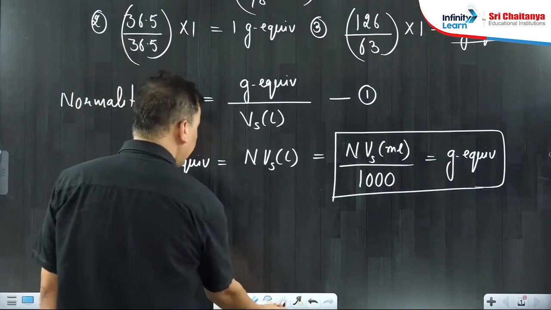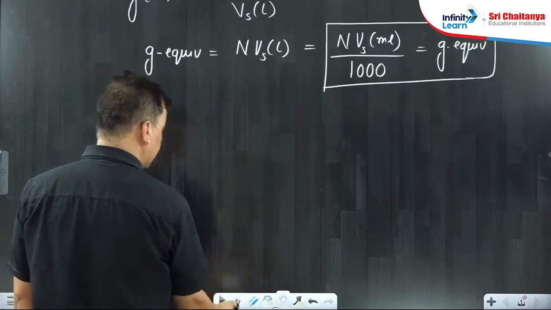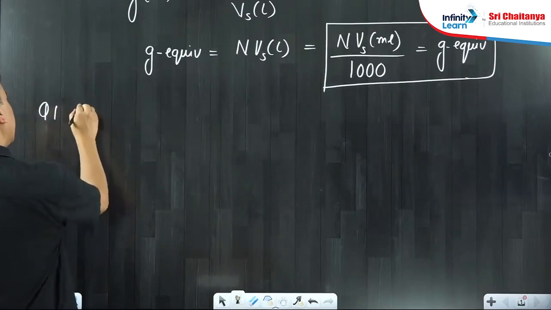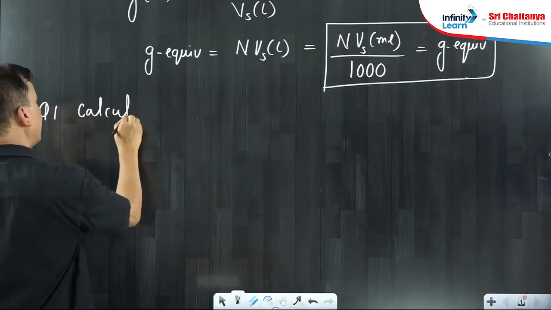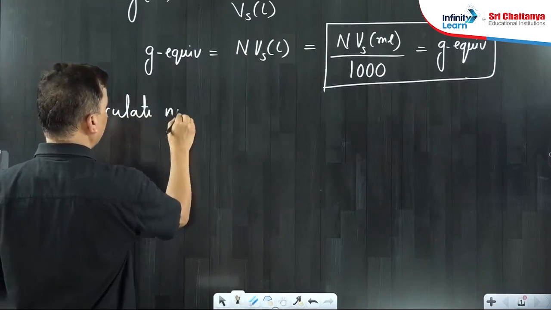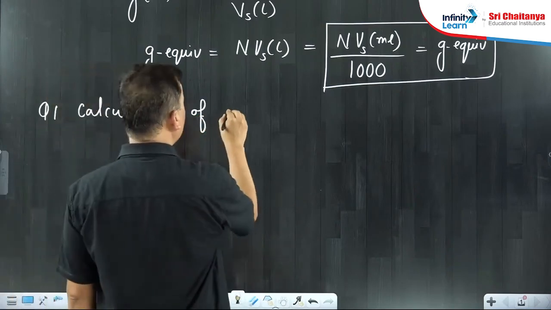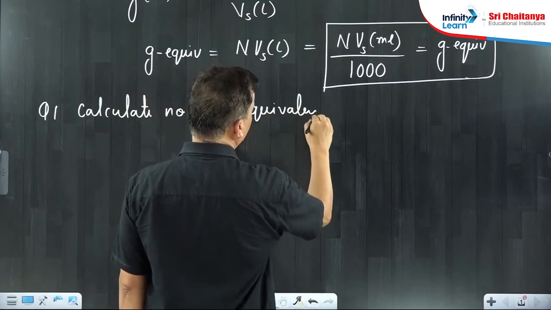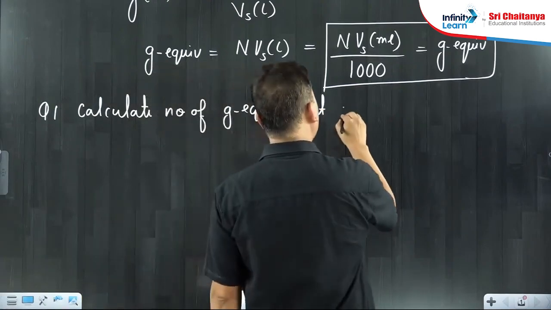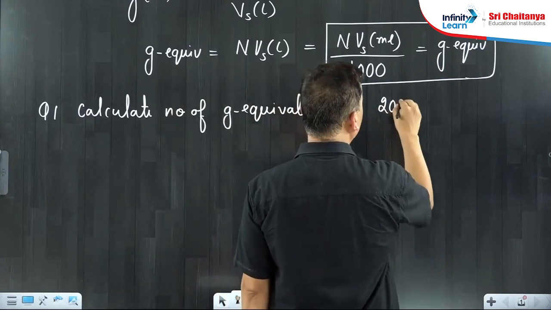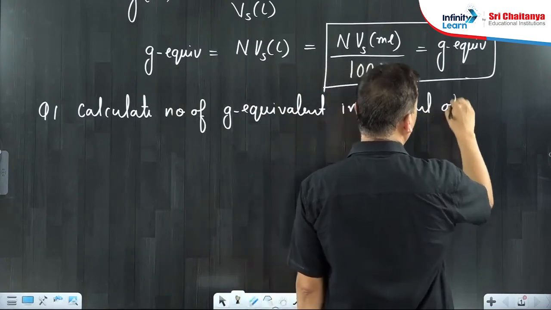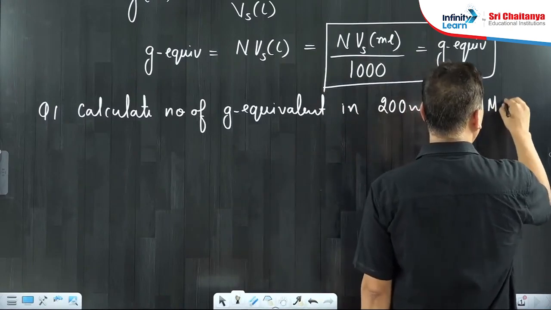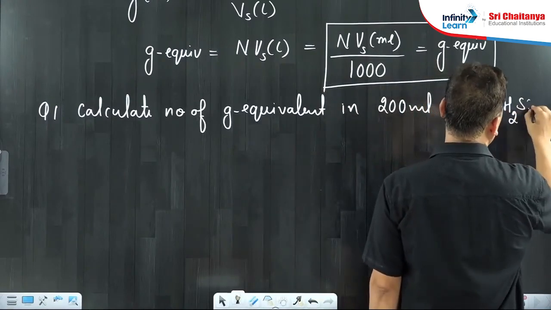So dear student, let me write a simple question. Calculate the number of gram equivalents in 200 ml of 0.1 normal H2SO4 solution.